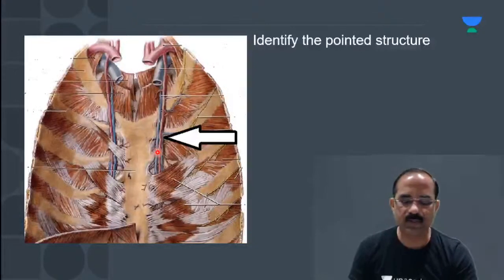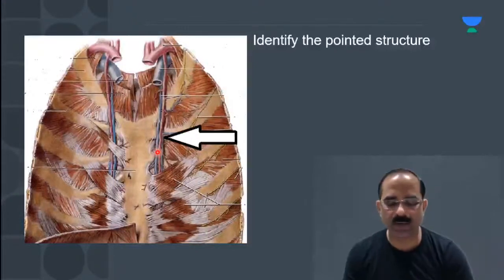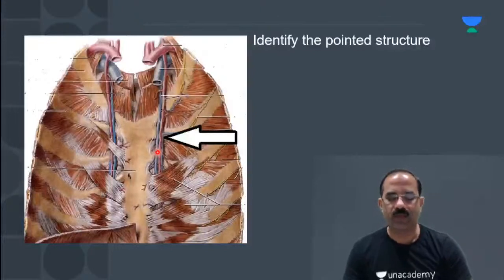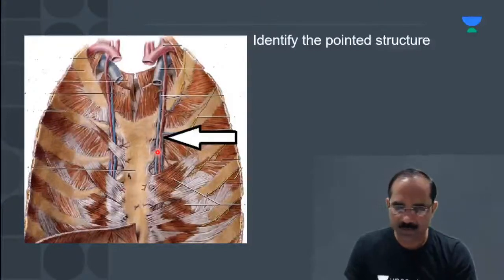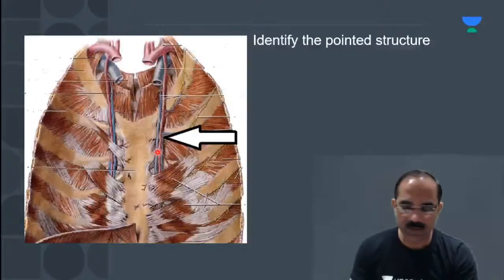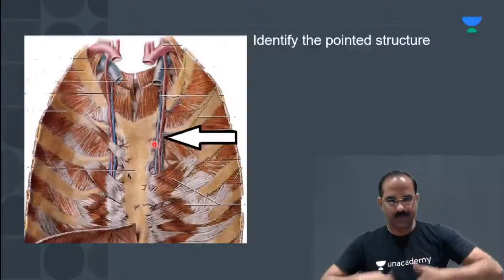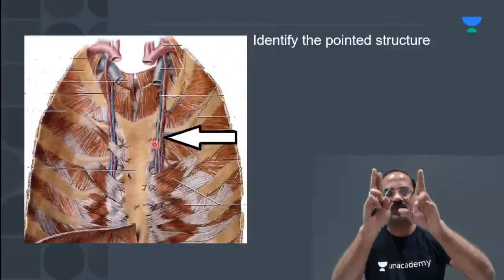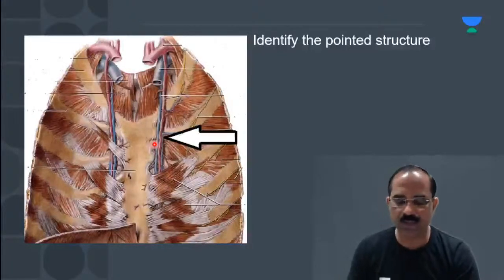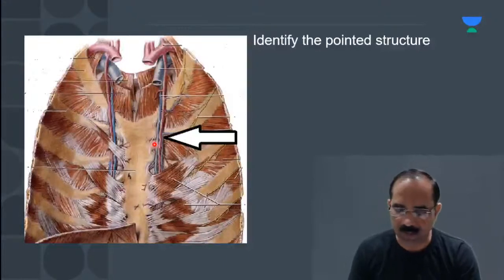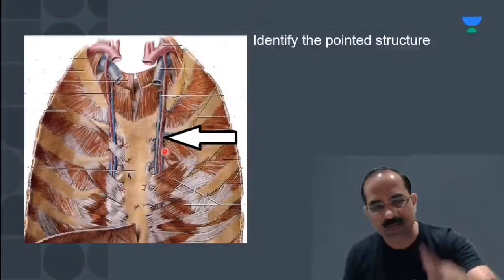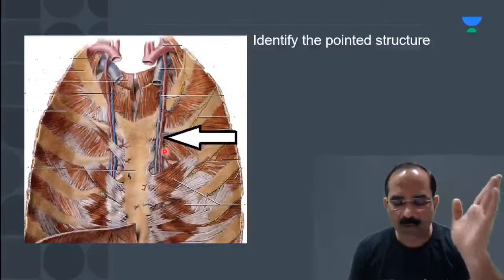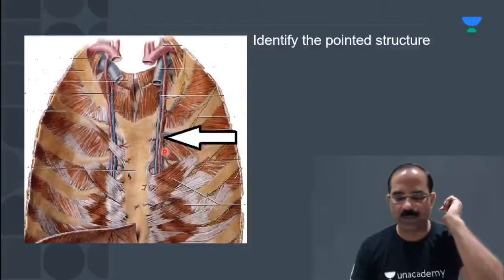Any guesses? It's not the recurrent laryngeal nerve, child, this is not the recurrent laryngeal nerve, Ritesh. This is an artery running on either side of the sternum. It's in front, right behind the sternum. This is the internal thoracic artery, also known as the internal mammary artery.